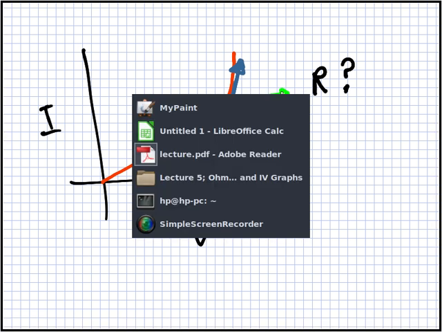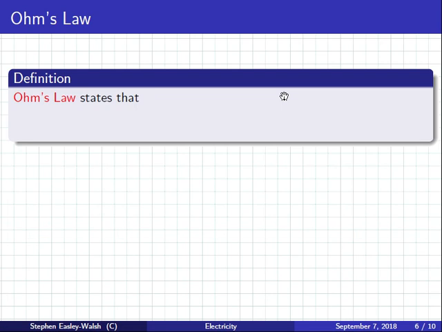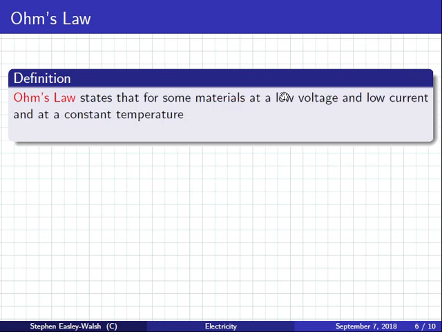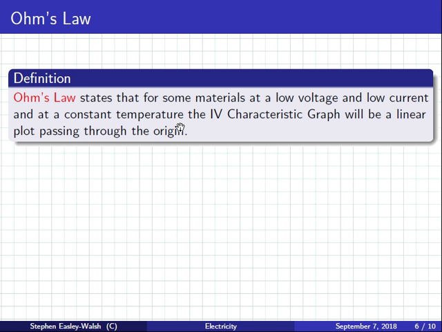Just checking. Right. Ohm's law says that for some materials at a low voltage and a low current and a constant temperature, the IV characteristic graph will be linear.